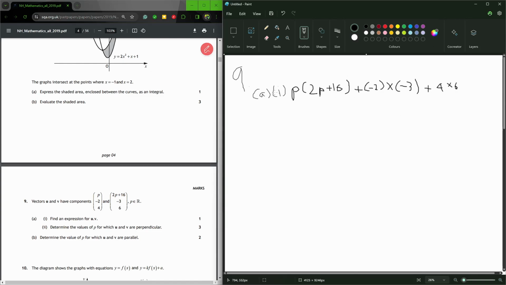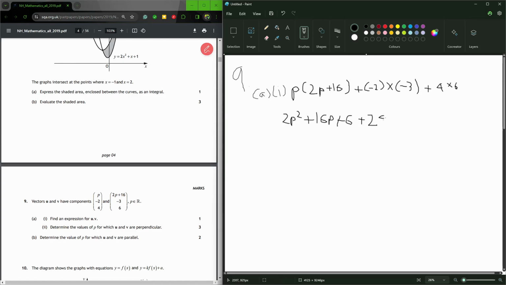This looks pretty simple. So what's p times 2p? That's right, folks, it's 2p squared. What's p times 16? That's 16p. And then what's minus 2 times minus 3? Minus minus is a positive, so that's plus 6. And then plus 4 times 6, that's 24.